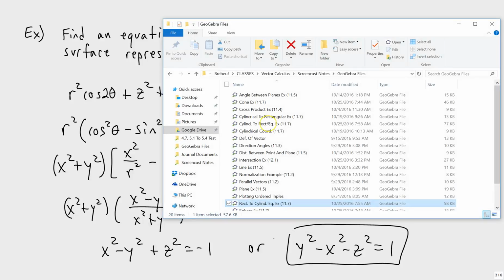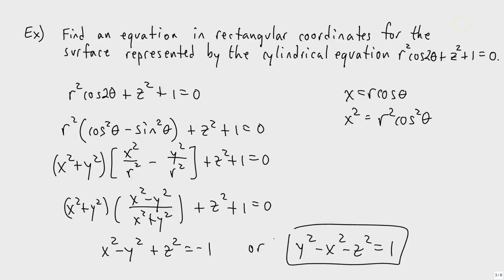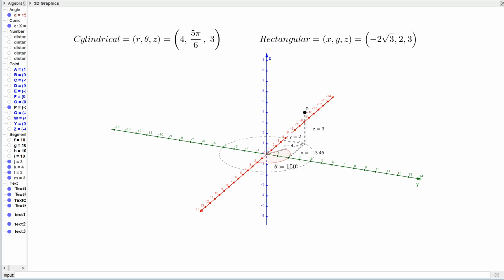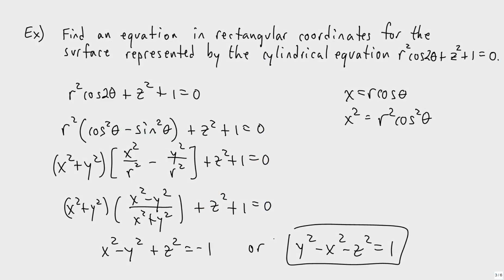Let's take a look at what that looks like in 3 dimensions, what the actual surface we're looking at here is. Oh, whoops. Wrong one.